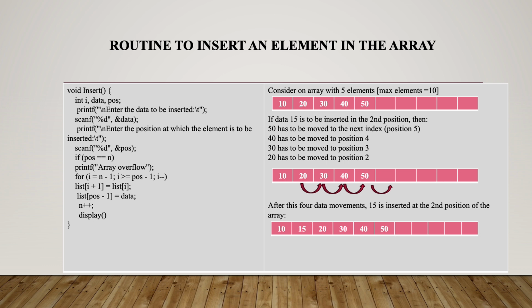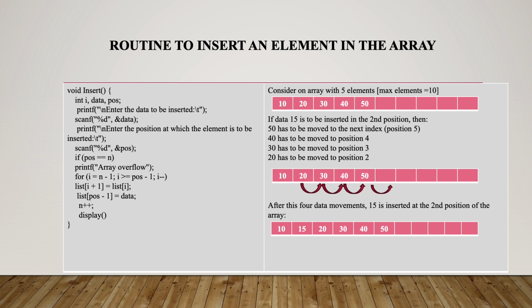Next it asks the user for the position where they want the new element to be inserted and stores that in the variable pos, that means pos is nothing but position. The program then checks if the position equals n, which would mean the array is full and cannot accept new elements. In that case, it prints a message saying array is overfull.